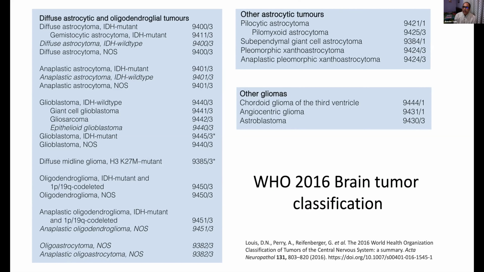In countries like India, not every lab can determine the status of these molecular markers. In that situation, only the histological feature, like astrocytoma, is given, but the molecular marker is not done.